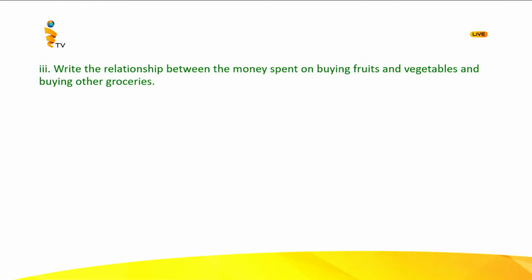Now, question part 3. Write the relationship between the money spent on buying fruits and vegetables and buying other groceries. Here they ask the relationship between the money spent on buying fruits and vegetables. So you have to find the amount spent on buying fruits and vegetables along with buying groceries. Here I have found the fraction of money used to buy grocery items.